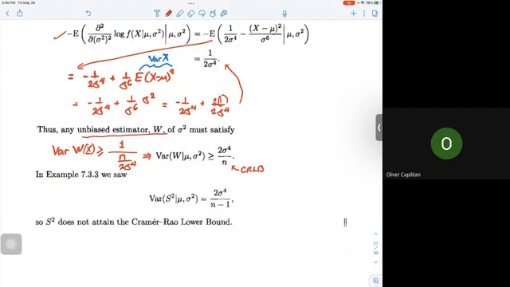So in example 7.3.3, we saw that the variance of the sample variance S squared is equal to 2 sigma to the 4 over n minus 1. Take note that our S squared here is also unbiased.